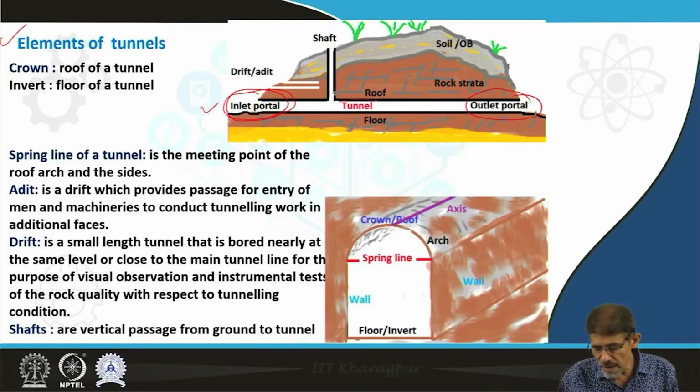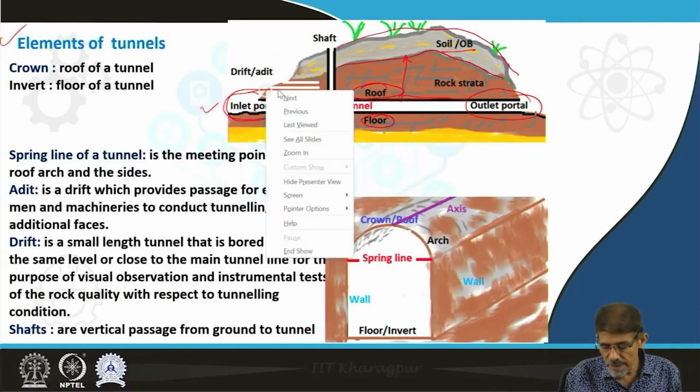The upper surface exposed in the tunnel is recognized as the roof, and the bottom surface exposed in the tunnel, which provides the base to the tunnel, is recognized as the floor. The rock strata lying above the tunnel we recognize as overlying rock strata, and the soil layers overlying the surface of the overlying rocks are recognized as soil or overburden.